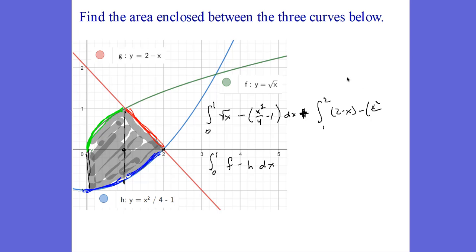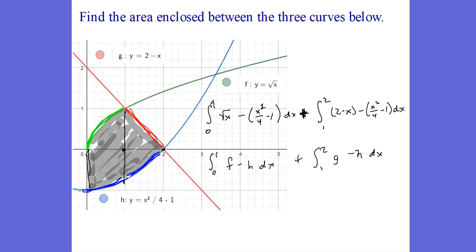That looks awful in terms of my writing, so I'm going to rewrite that. x squared over 4 minus 1 dx. What we're really doing there is going from 1 to 2 of my g function minus my h function dx, aren't I? Now I can do this on my calculator.